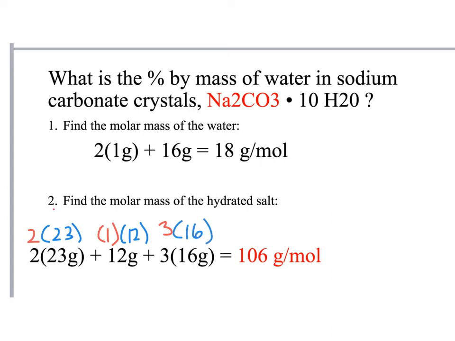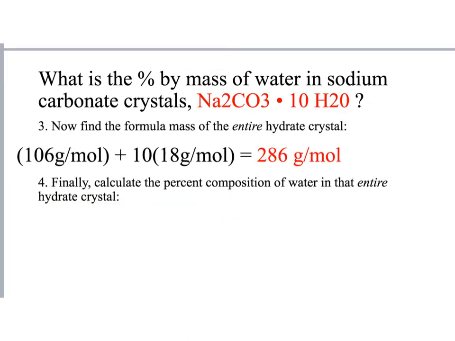So right here we have the Na, here we have the carbon, and here we have the oxygen. And you're going to find out that the salt portion is just 106 grams per mole.